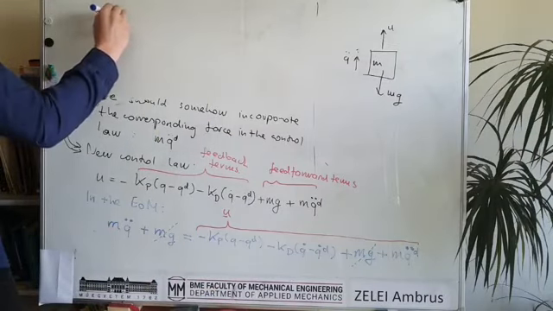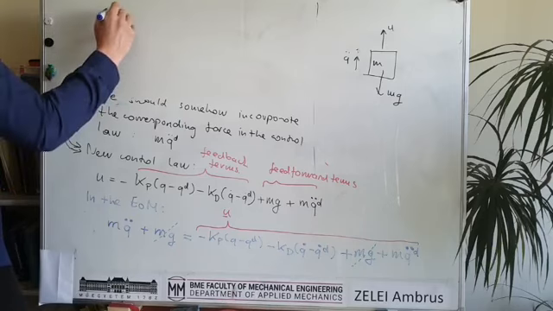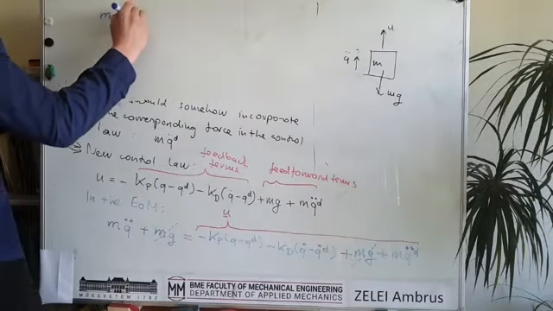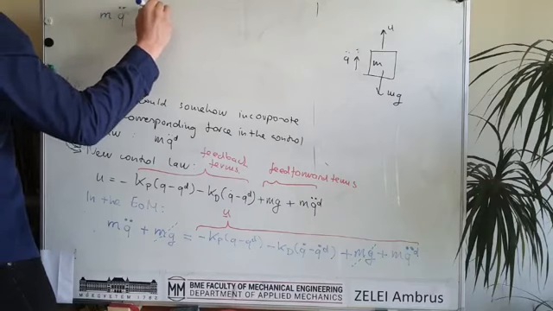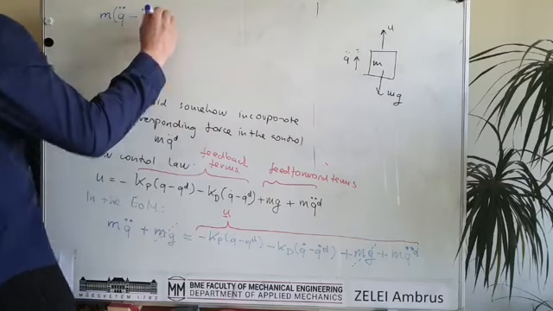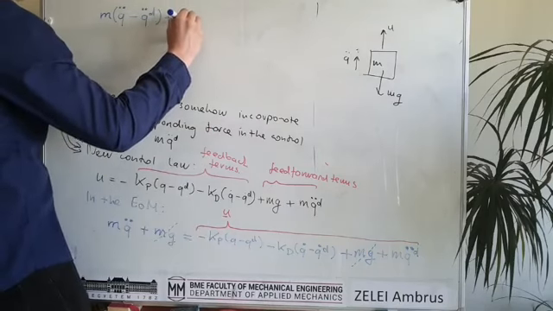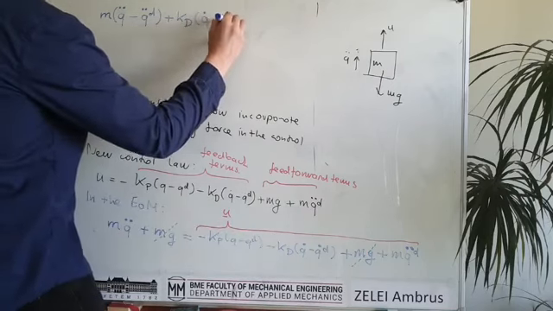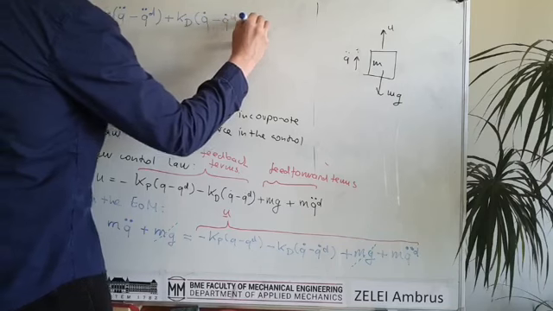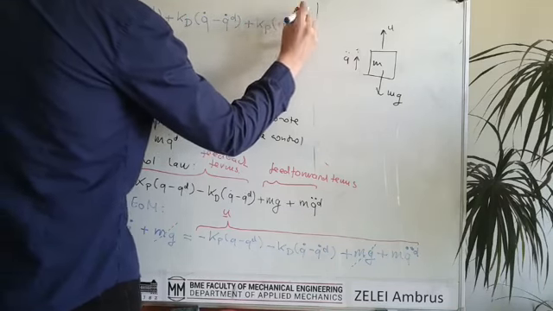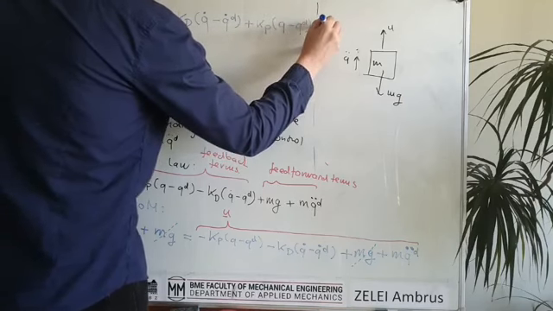We just have to reorganize it. So this will be m times q double dot minus, I will put this term on the left hand side, minus q double dot desired, and then these terms will be also put on the left hand side, so this will be Kd times q dot minus q dot desired, and there is another term, Kp times q minus q desired, and this is equal to 0.